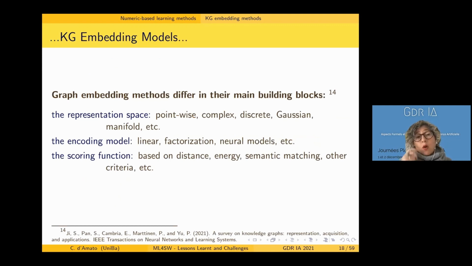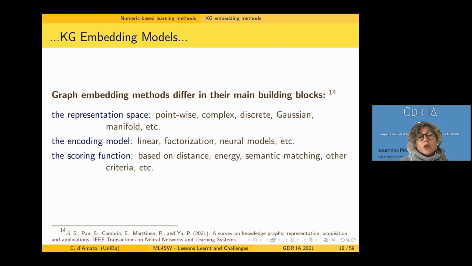There is a plethora of knowledge graph embedding methods around, and they can be categorized along three different dimensions. One is the representation space, that could be pointwise, complex, discrete, or Gaussian manifolds, and other representation spaces that could be mentioned. The other dimension is the encoding model, that could be linear factorization, neural models, and other more complex encoding models.